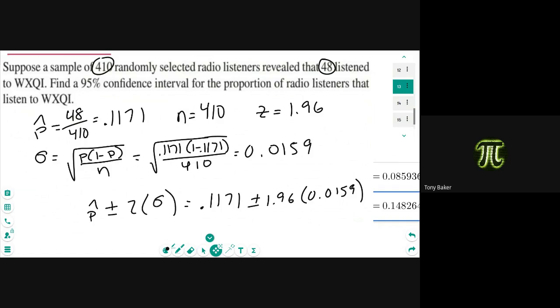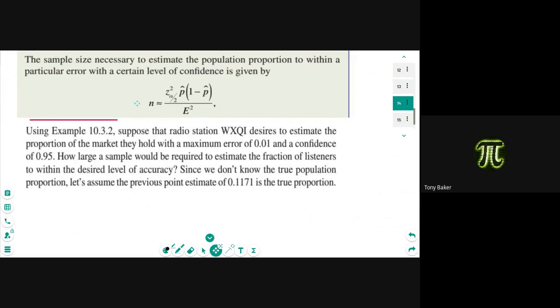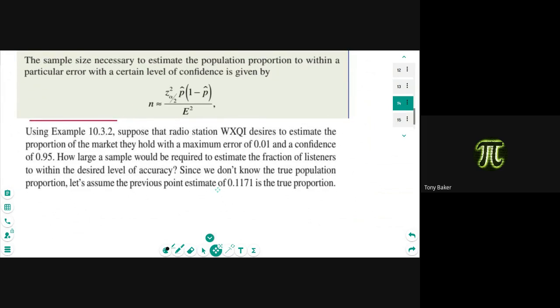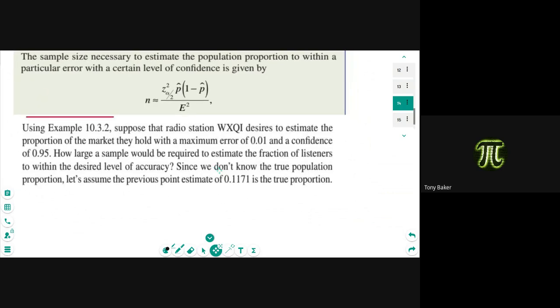Now, when we're looking at a lot of our situations, a lot of them come down to a proportion. That's that binomial. It's a this or that type of situation, right? So when we're looking at our formula for error, this one actually becomes way more useful and actually way more common to use. So if you remember, we were talking about polls for the presidential election, stuff like that.